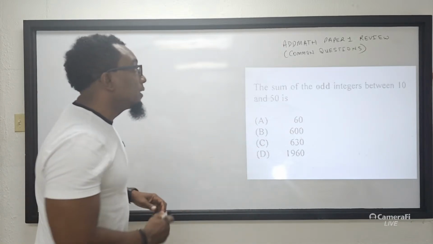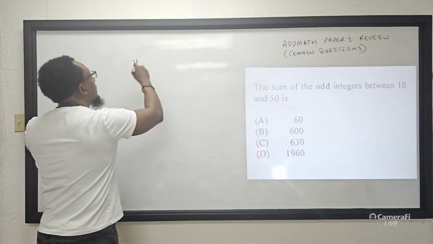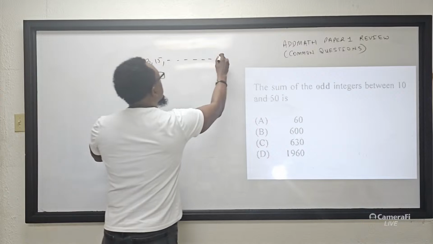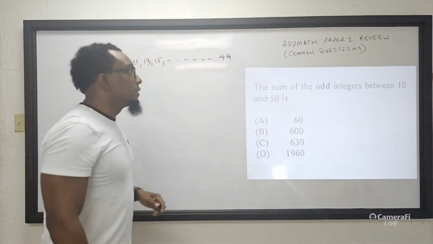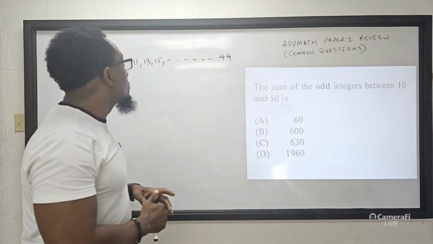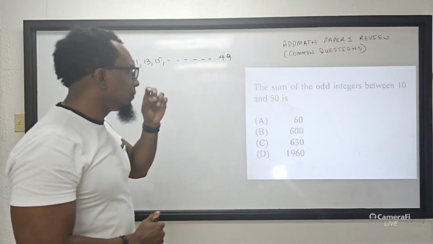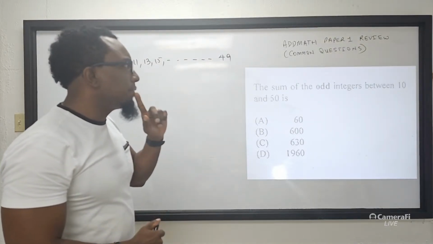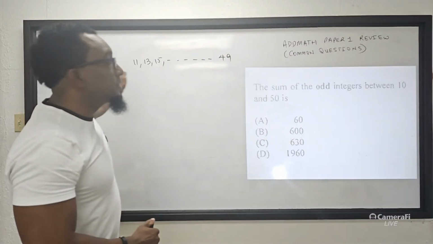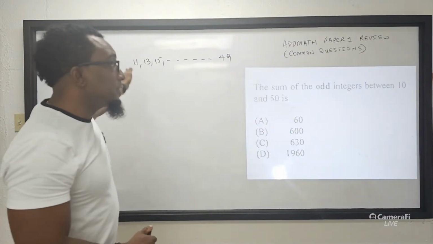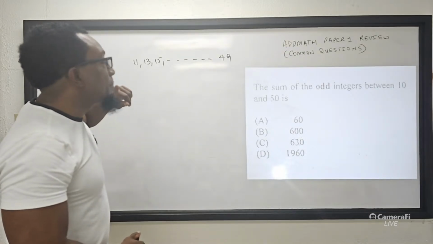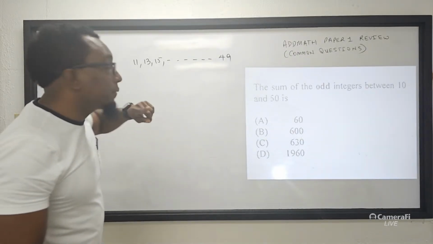So if it's odd, we're looking at from 11, 13, 15, all the way down to the last term, which is before 50, 49, which is odd as well. So we want to determine what is the sum of odd integers. So first thing we need to recognize, this here is a sequence, right? Sequence of numbers, odd numbers. And it is important for us to recognize the type of sequence.